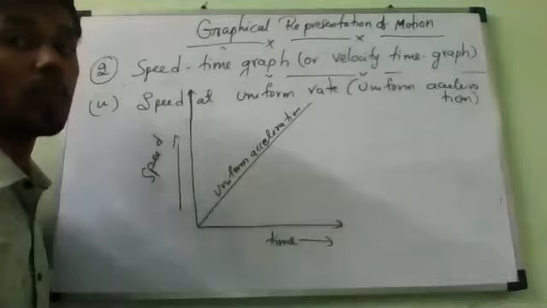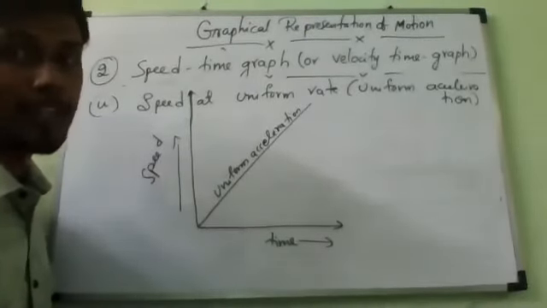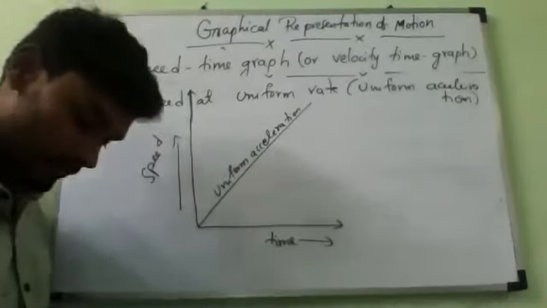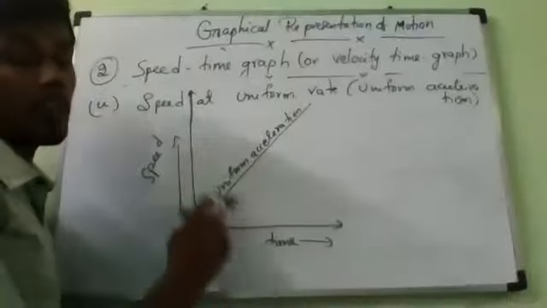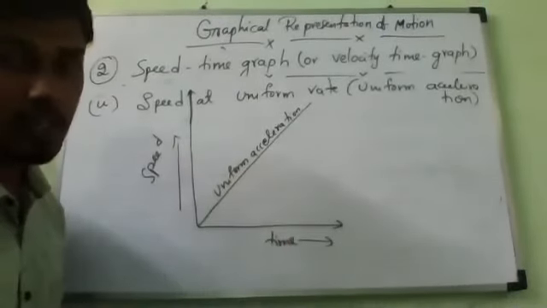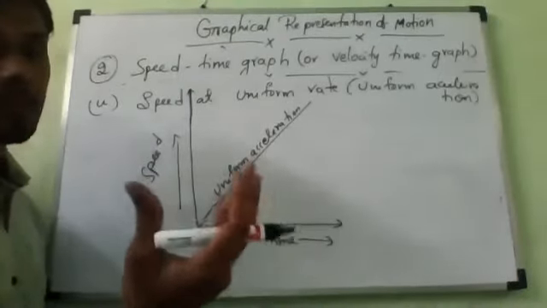You may remember the first graph. From the first graph, what we have calculated? Distance and time they have given, and we have calculated speed. Yes or no? Yes, sir. Now, in this graph, they have given speed and time. Then what we can calculate? Rate of change of velocity divided by time will give you what? Acceleration. Understand? Rate of change of velocity divided by time.